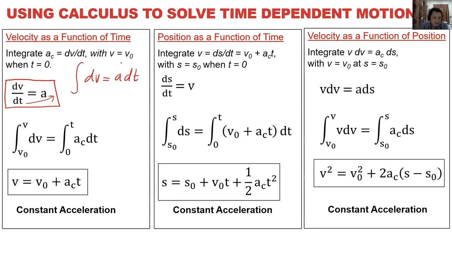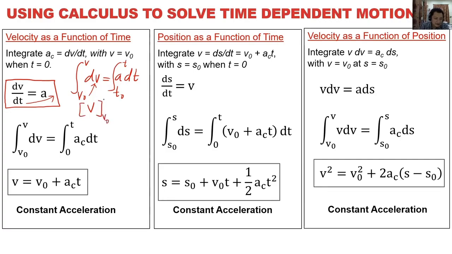Integrate both sides: v from original v to final v, and t from original time to final time. If you integrate and expand, you plug in the limits, and the integral of dv gives you v.